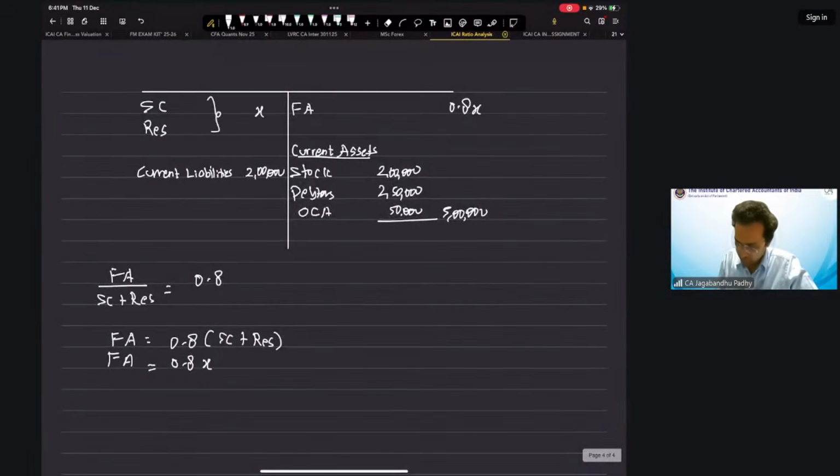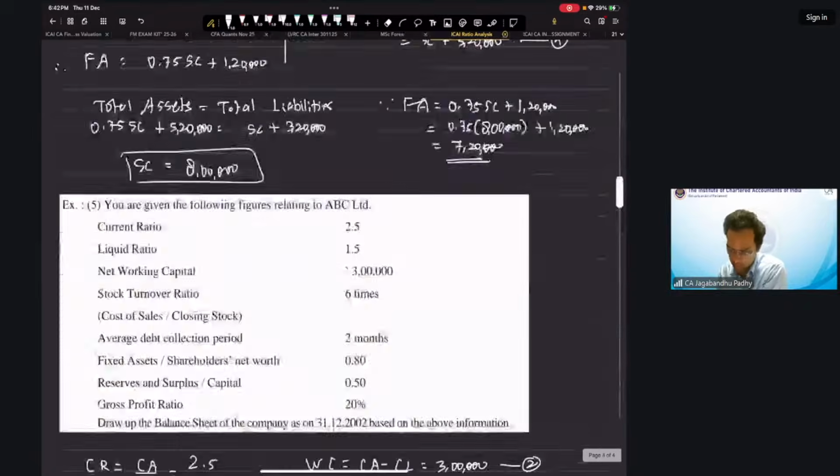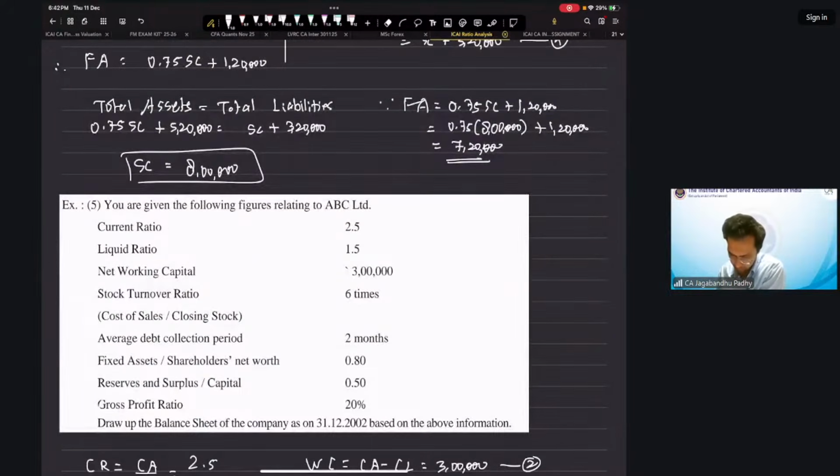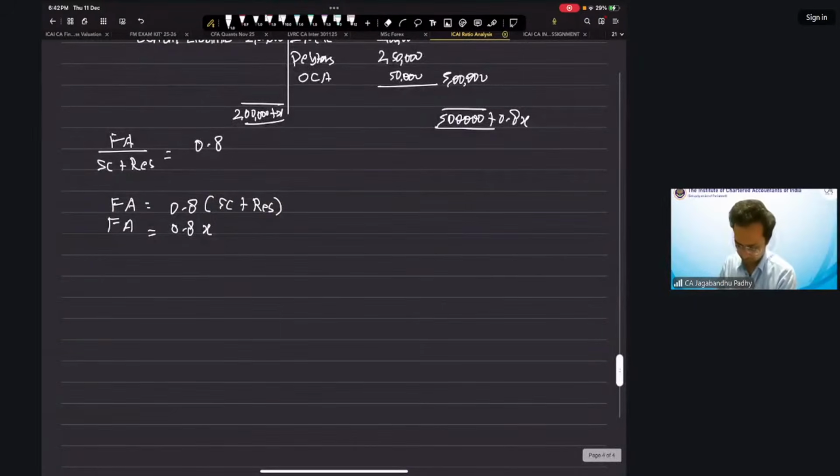And the total of this is going to be X, right? So we'll just add them together. On this side, this is 2 lakh plus X. And on this side, we have 5 lakh plus 0.8X, because fixed asset is 0.8 times share capital plus reserves. Right? So let's just equate both of them.